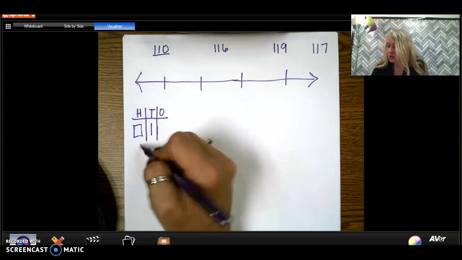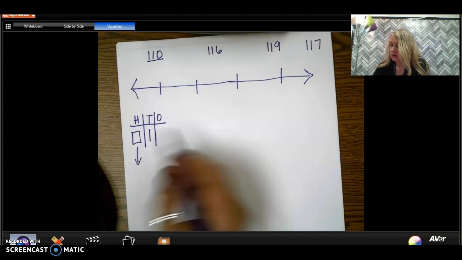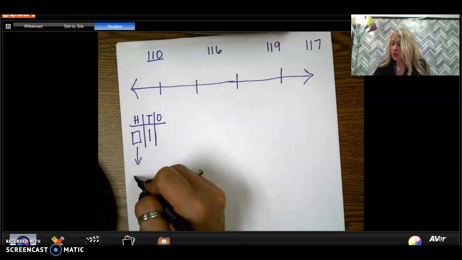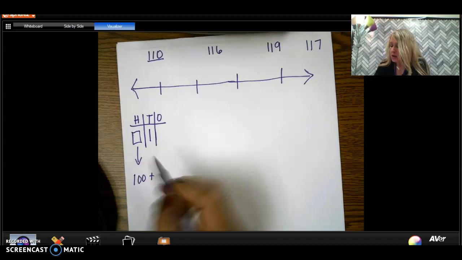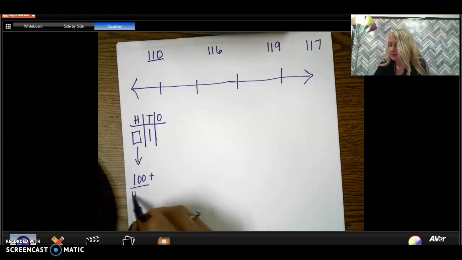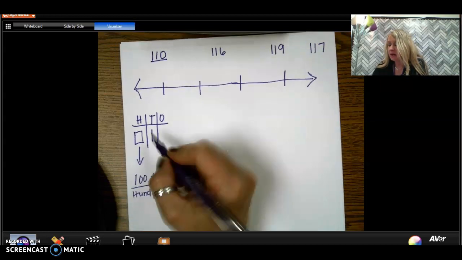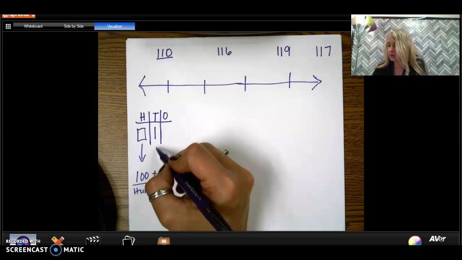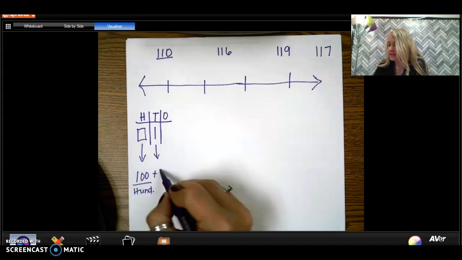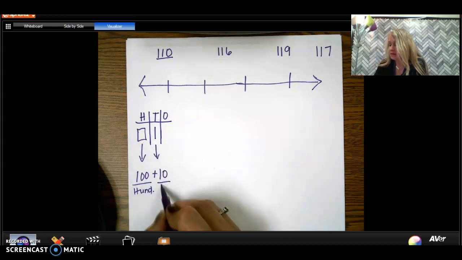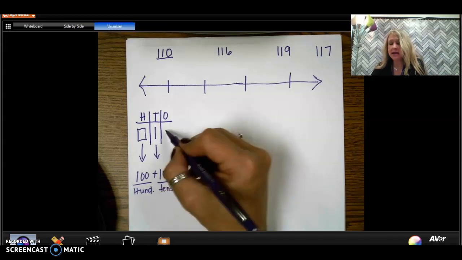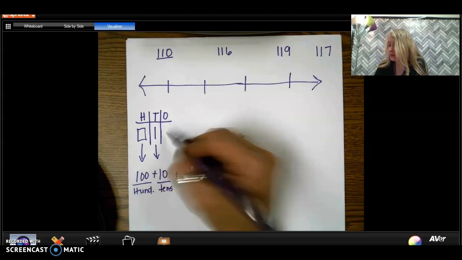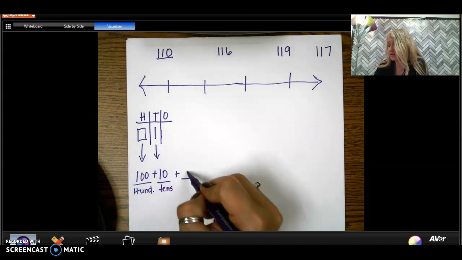Okay, this 100 is how much? It's worth 100. Plus, how much is the 10 worth? 10. You guys are so smart. And how many ones are there? There is 0 ones.